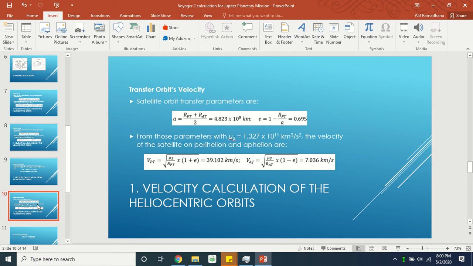Then from these parameters, we can know that the velocity of the satellite at perihelion is 39.102 km per second, and the velocity at aphelion is 7.036 km per second.